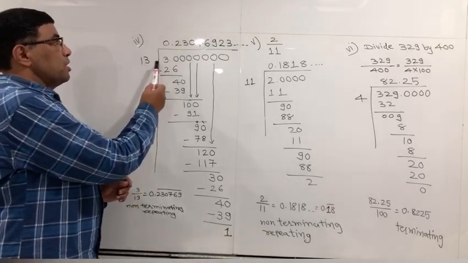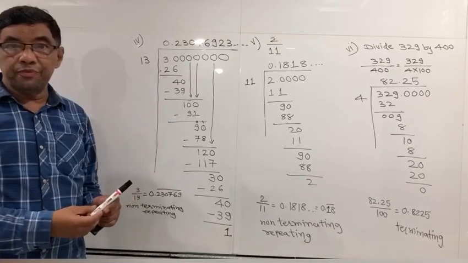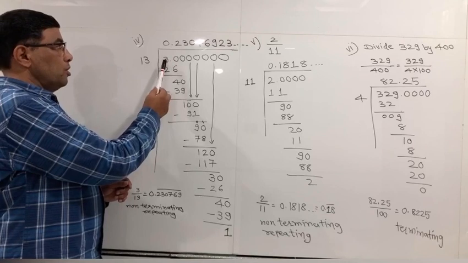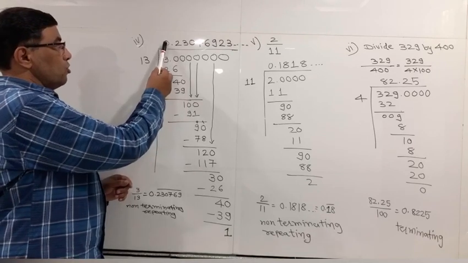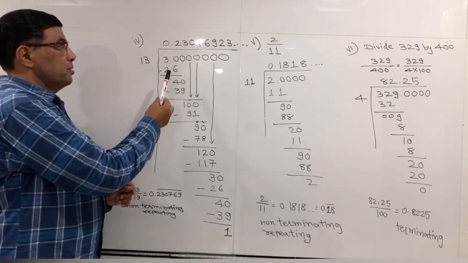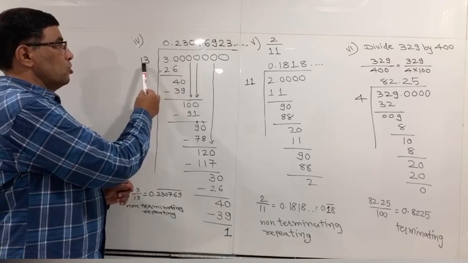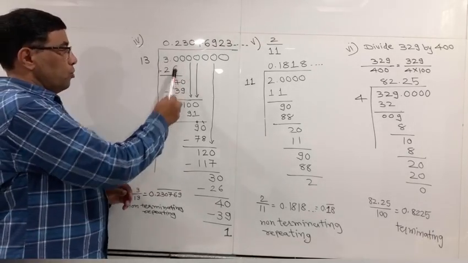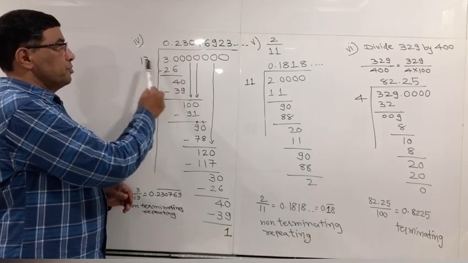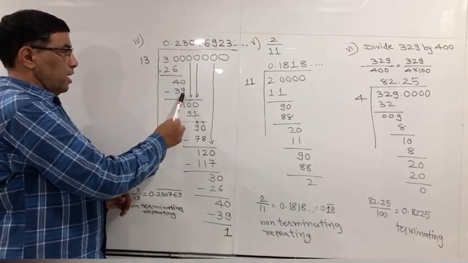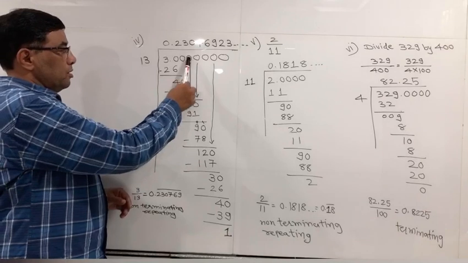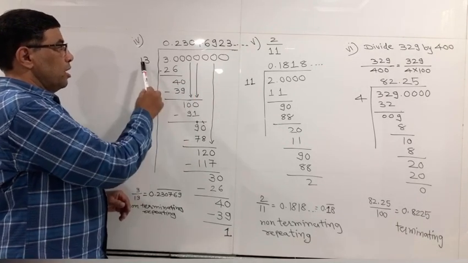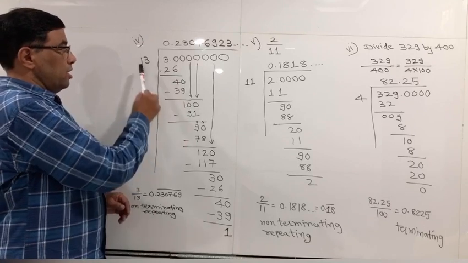Now we start the division. As you know, first of all here is 3, so we apply 0 and point. Now 30, so 13 twos are 26, 4 remainder, 0 down. 13 threes are 39, 1 remainder, 0 down. But now it is 10, and outside is 13, so 10 is less than 13.